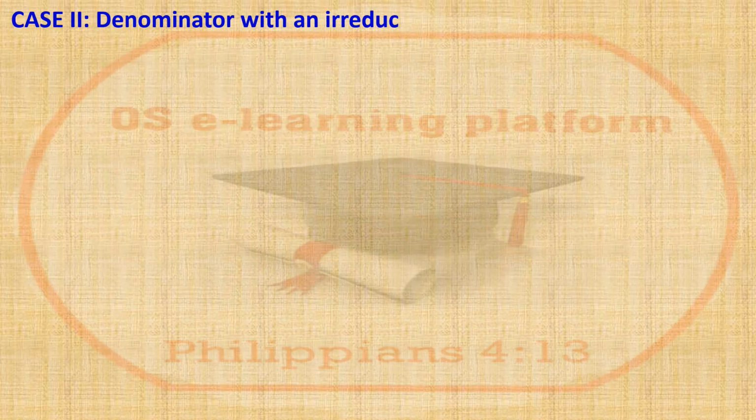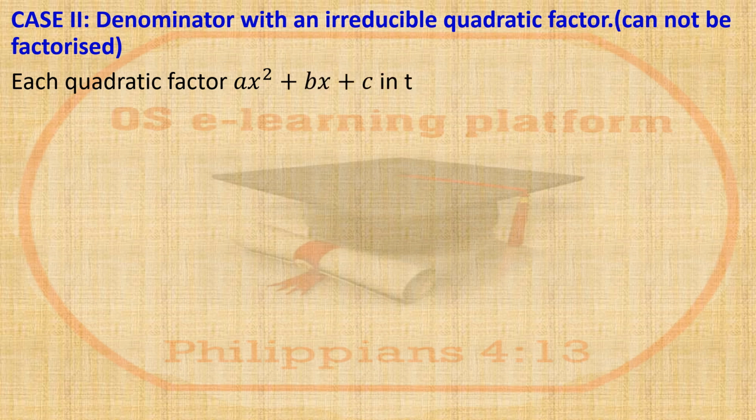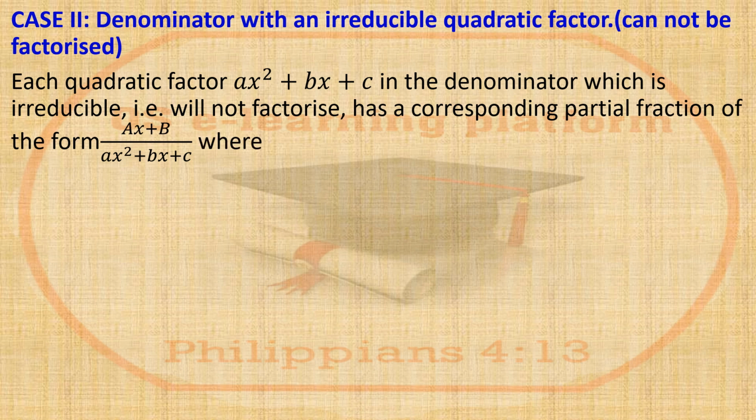Let's look at case 2, where the denominator has a quadratic factor, and that quadratic factor cannot be factorized. Each quadratic factor of the form ax squared plus bx plus c in the denominator which is irreducible, in other words has no factors, will not factorize.